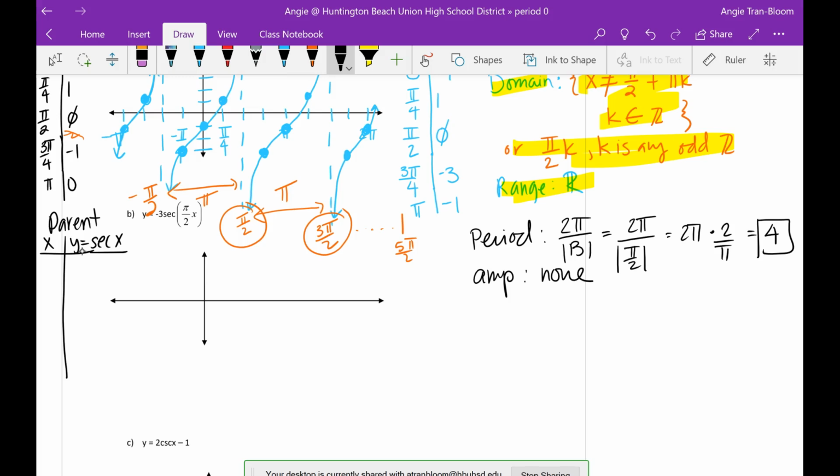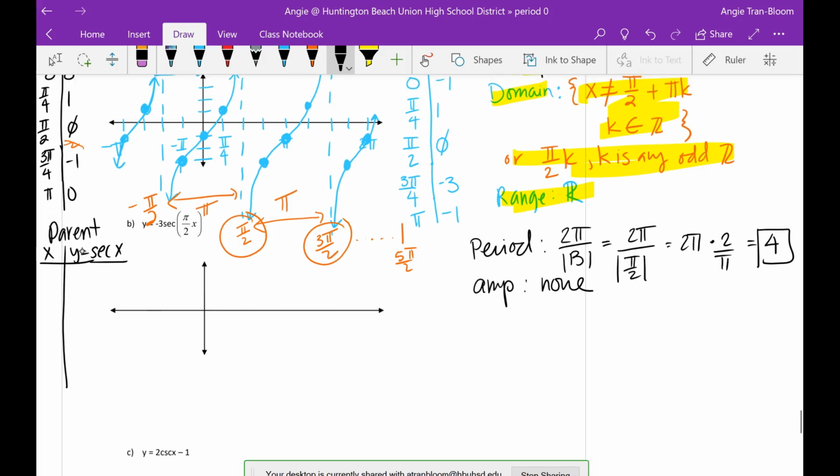Let's start with the first point in the parent function. So, Gracie, what's the first point in the parent function? 0, 1. True or false? Okay. We are going to go with Natalie. Next ordered pair for the parent.